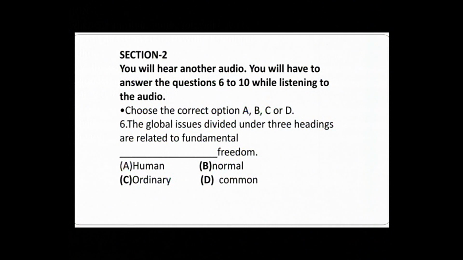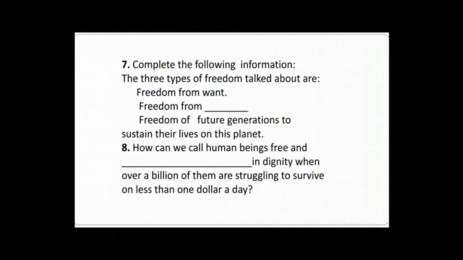How can we call human beings free and equal in dignity when over 1 billion of them are struggling to survive on less than $1 a day, without safe drinking water, and when half of all humanity lacks adequate sanitation? Some of us are worrying about whether the stock market will crash or struggling to master the latest computer, while more than half of our fellow men and women have much more basic worries, such as where their children's next meal is coming from.